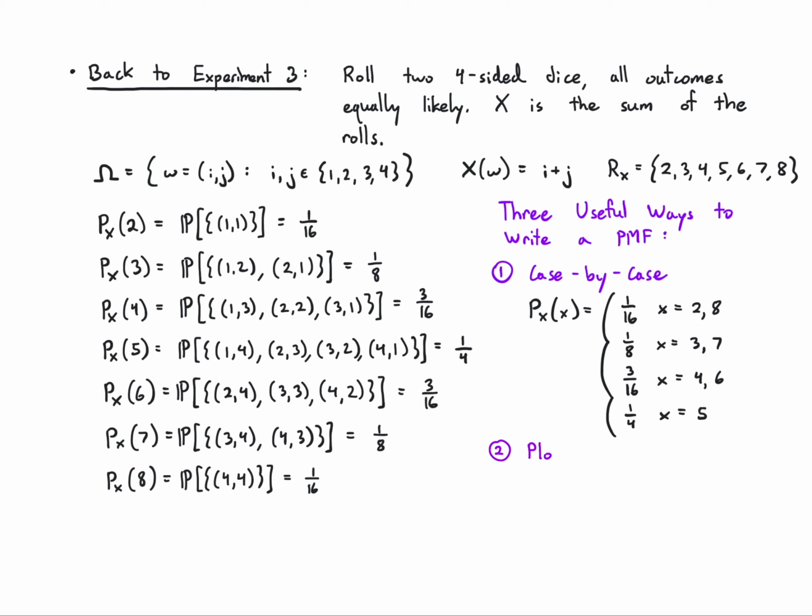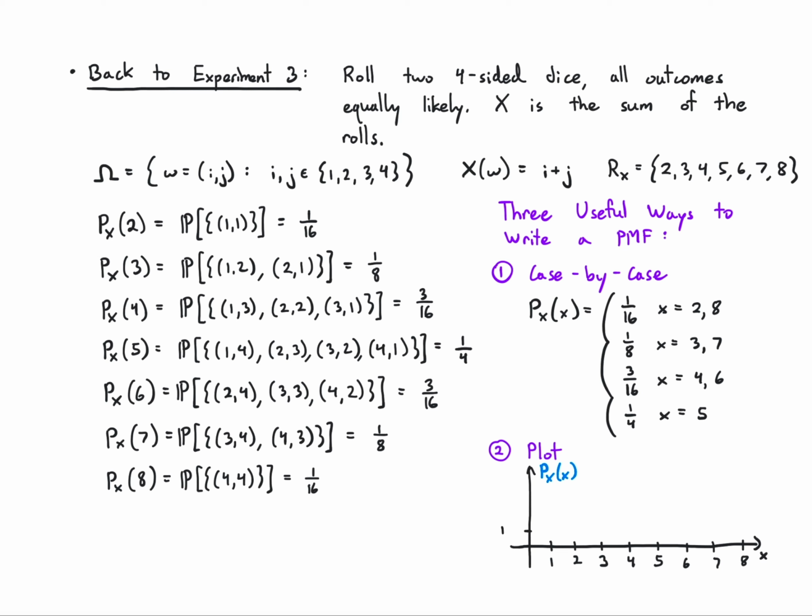I can also plot it, right? I can do a stem plot. Here I'm going to draw the x-axis, and I'm going to label it 1 up to 8. Only 2 through 8 are going to be active, but just to show you the whole axis. And I'm going to draw gradations on the y-axis here, which is the PMF value.